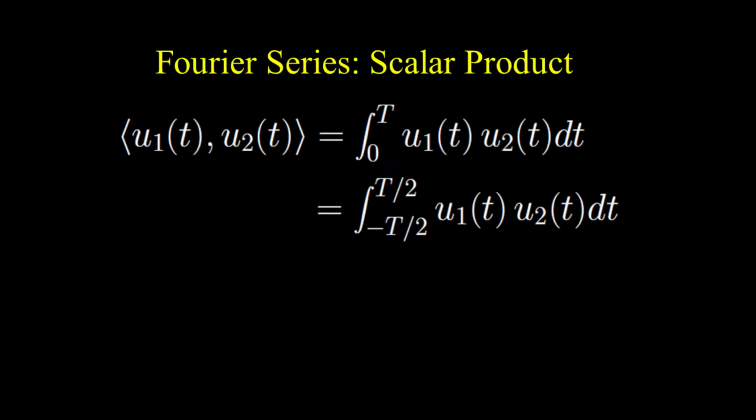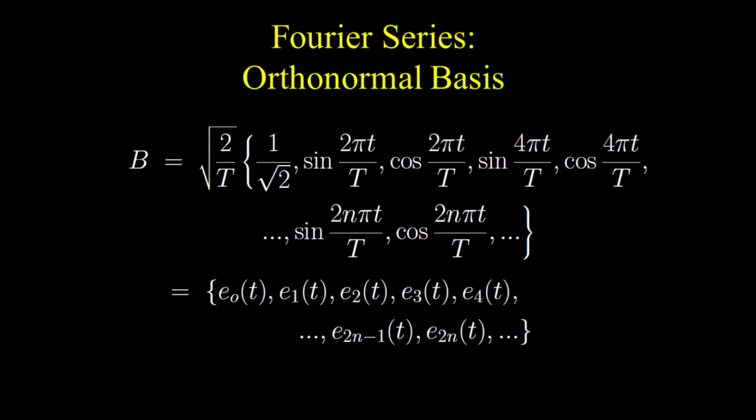The next step is to construct an orthonormal basis of periodic functions with period uppercase T, which can be used to represent any signal of this space. The whole idea of basis representation is to find a set of simpler signals which can be used to reconstruct the complex ones.